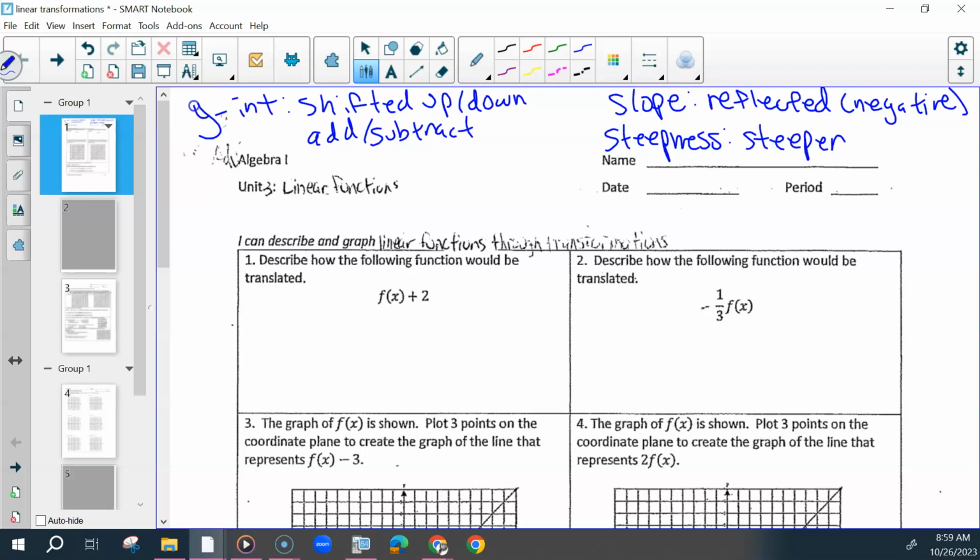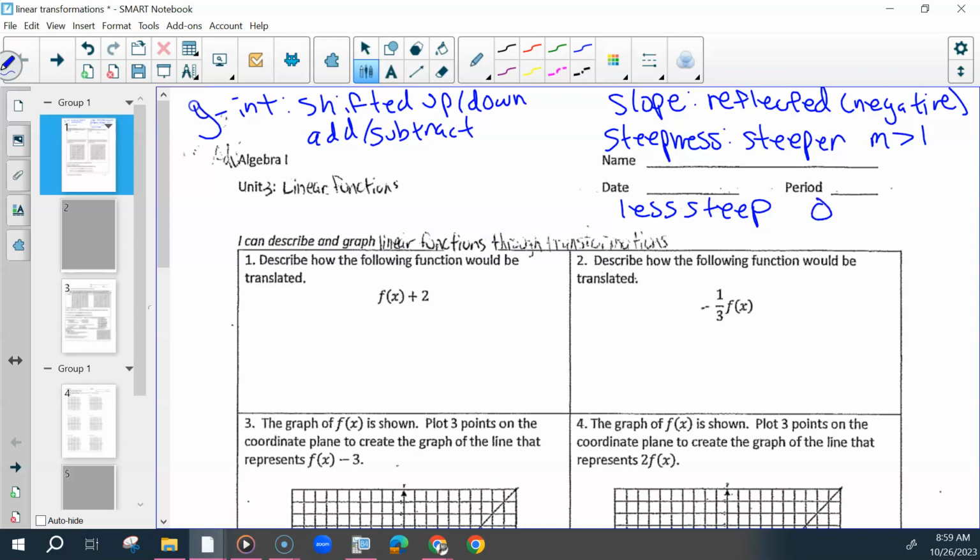If it's steeper, the slope is going to be greater than 1. So 2, 3, 4, keep going. So I'm going to put m is greater than 1. And then if it's less steep, it's going to be a fraction, less than 1, but not a negative.